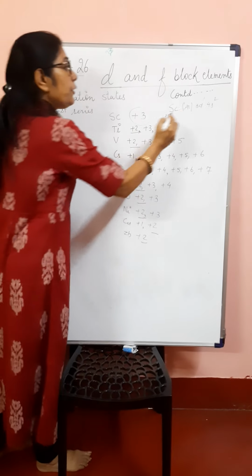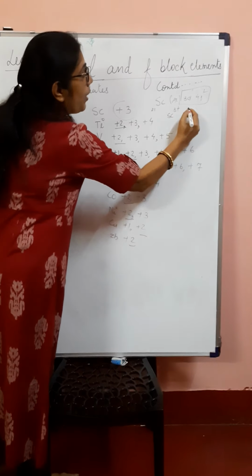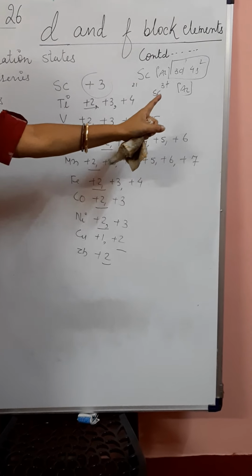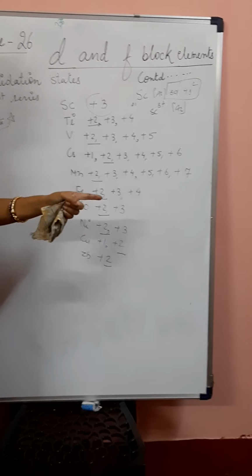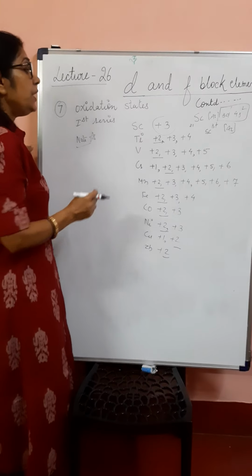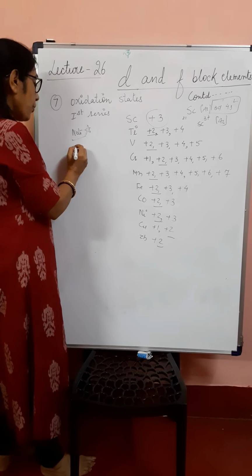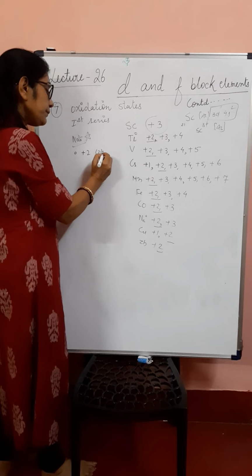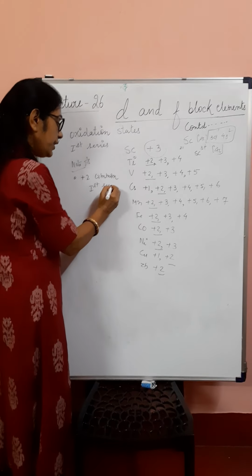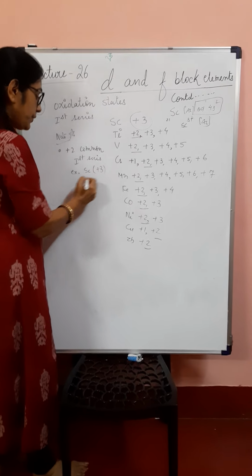The moment it loses these 3 electrons, it acquires the stable noble gas configuration of argon. So there is a logic behind it: scandium is stable in +3 because it attains the nearest noble gas configuration. So which oxidation state is common? +2 is common for the first transition series. The exception is scandium, which shows +3.